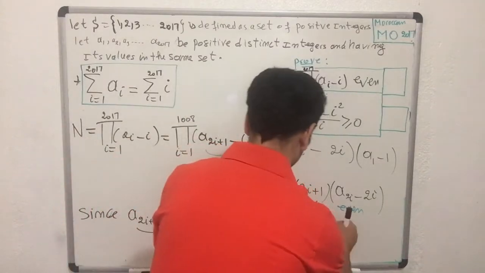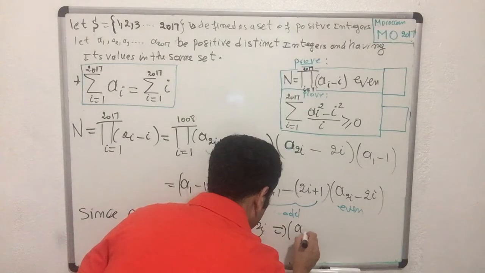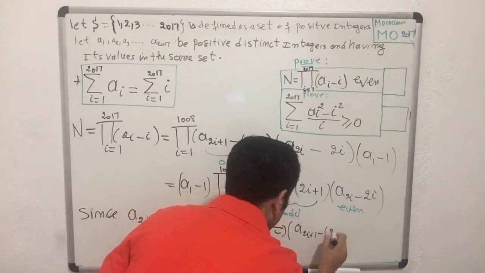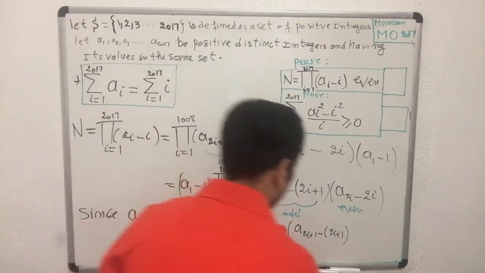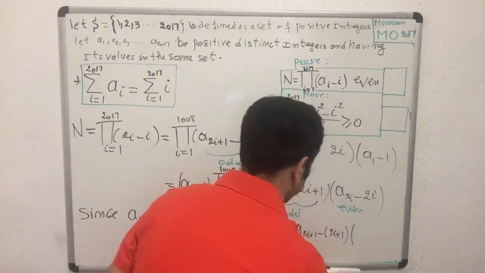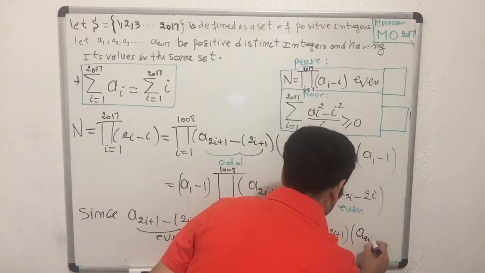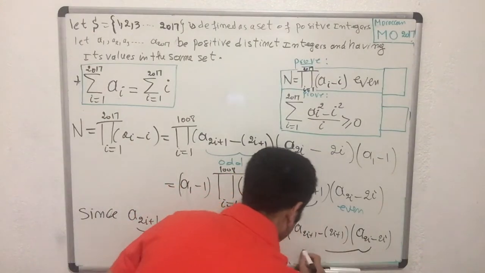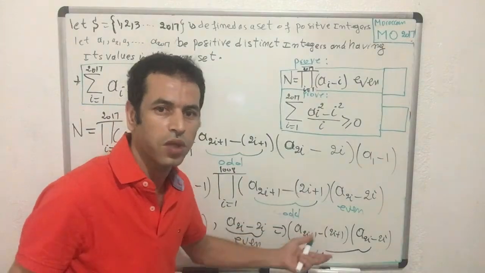That means the product of a sub 2i plus 1 minus a sub 2i plus 1, the product of 2i plus 1 minus 2i plus 1, and 2i minus 2i, that means the even number, because even number multiplied by even number always gives you an even number.